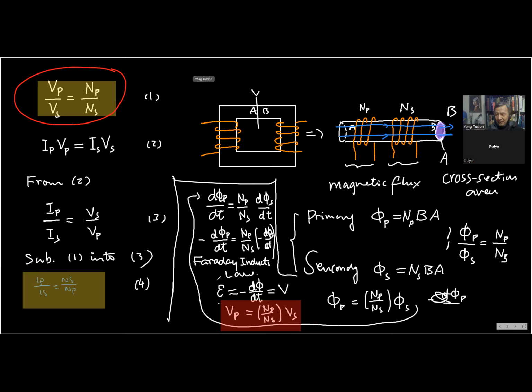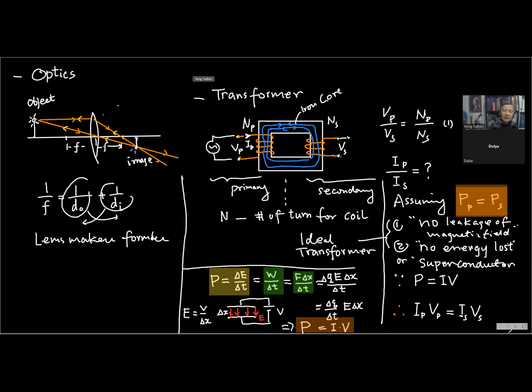I hope that will help you to understand how a transformer works. So everything comes from what? From Faraday's law, do you agree? Of course, to derive the second formula, we have used the power formula. We have assumed that no power is lost.